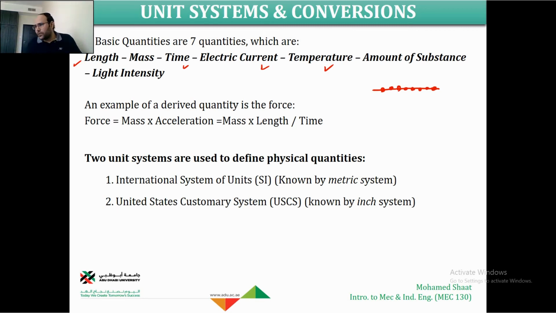Amount of substance, for example, is measured in mole. This amount of substance describes how many atoms are needed to form 1 mole of the material. For example, it is known that for all materials, 1 mole should contain 6.023 times 10 to the power 23 atoms.